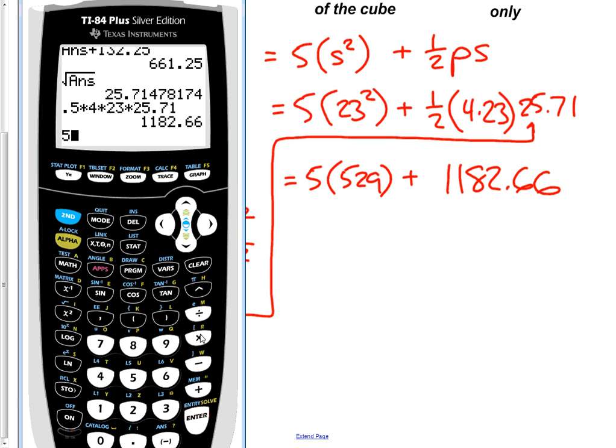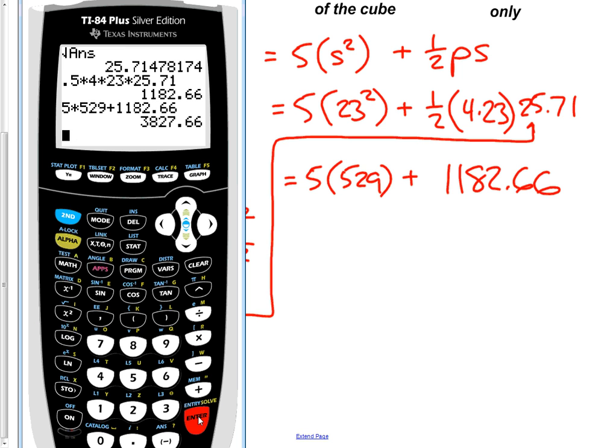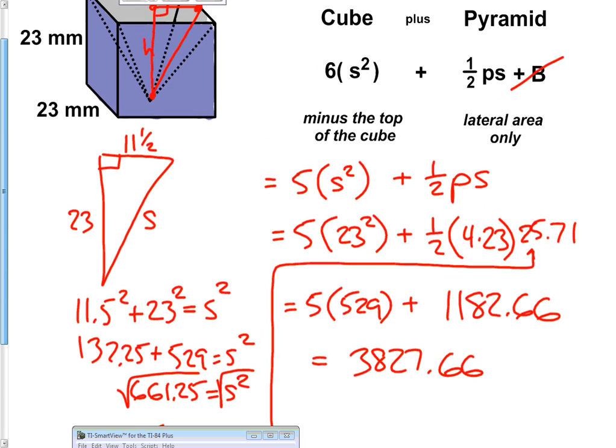And then we need 5 times 529 on the left side of the problem. And to that, we need to add 1182.66. And we end up with a surface area of 3827.66, unless I have done something wrong somewhere, which is possible.